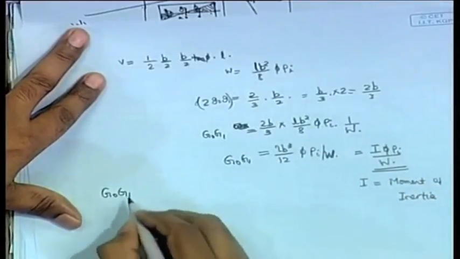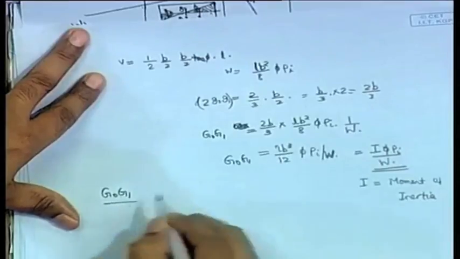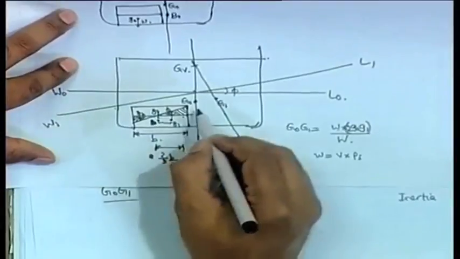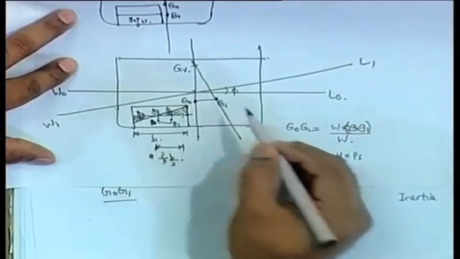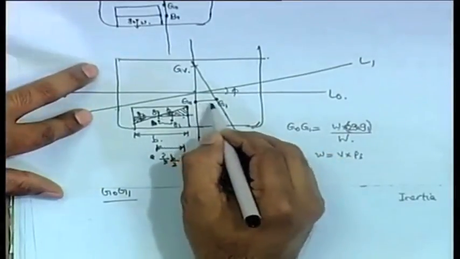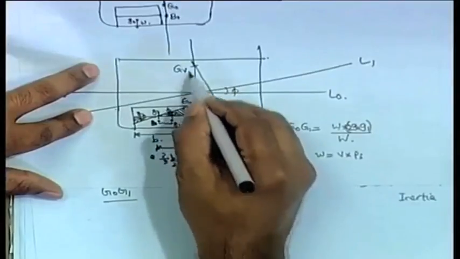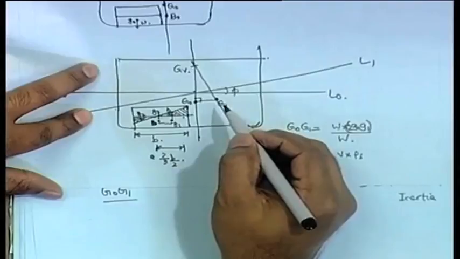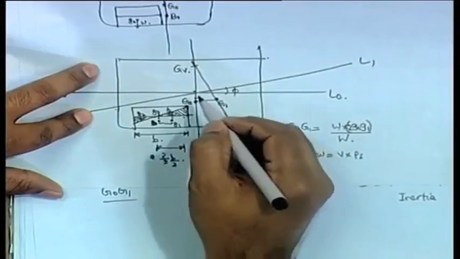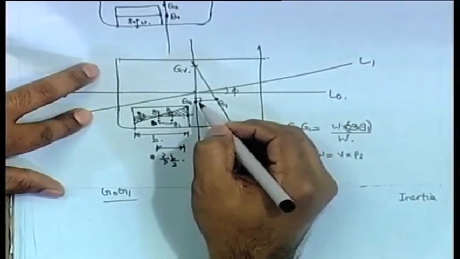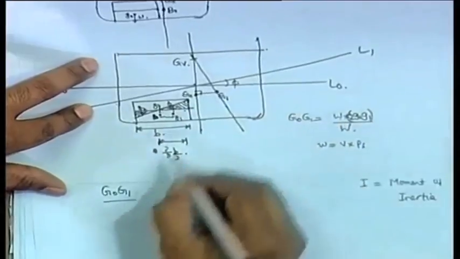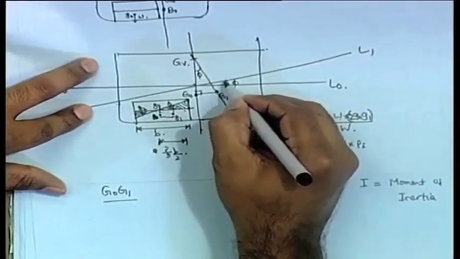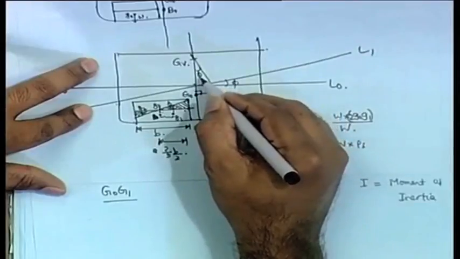Now, let us look at this figure. G0 G1 is a horizontal movement of G. So, this angle is 90 degrees, this is vertical and this is therefore horizontal. This angle will be phi. These are all geometry; if this is phi, you will see that this becomes phi.